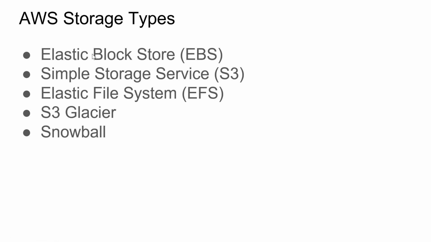And next comes Elastic File System. This is again a different storage, and it is also independent. To access Elastic File System storage, it is not mandatory to connect it to a running instance.